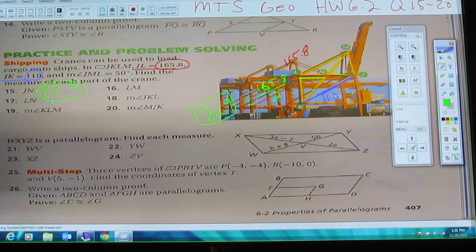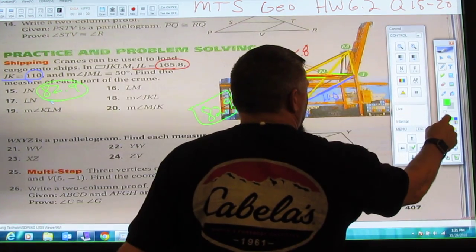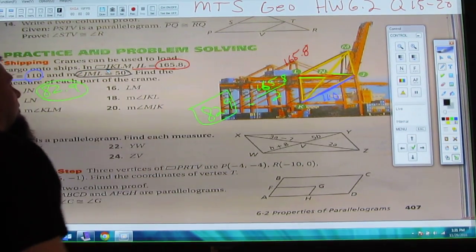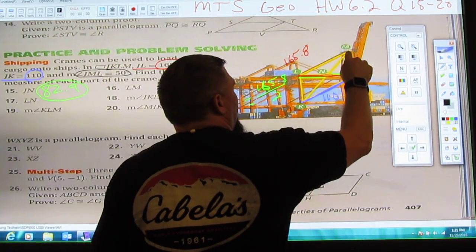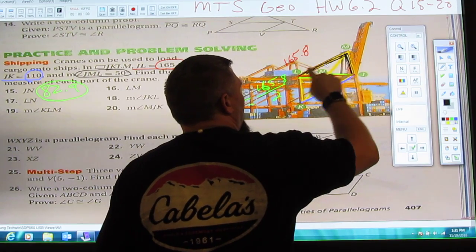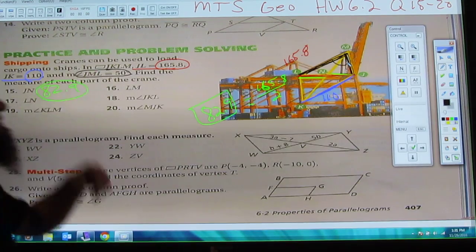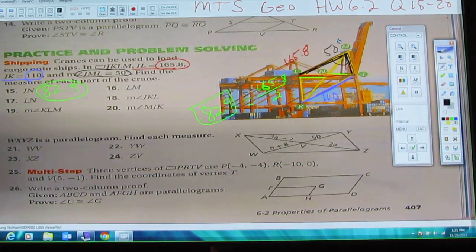And then we need to look at this. JML. This guy right here, right? This is an angle, and the angle is 50 degrees. Okay?